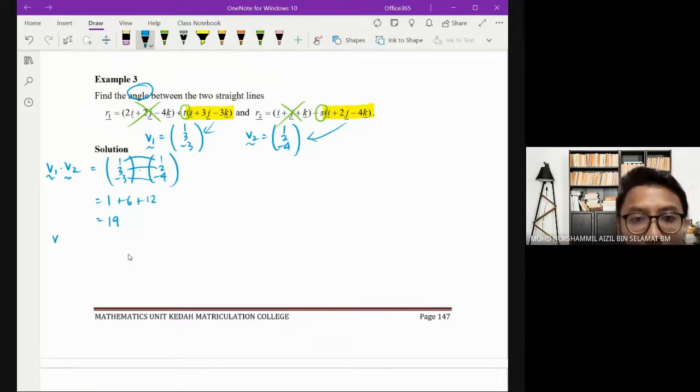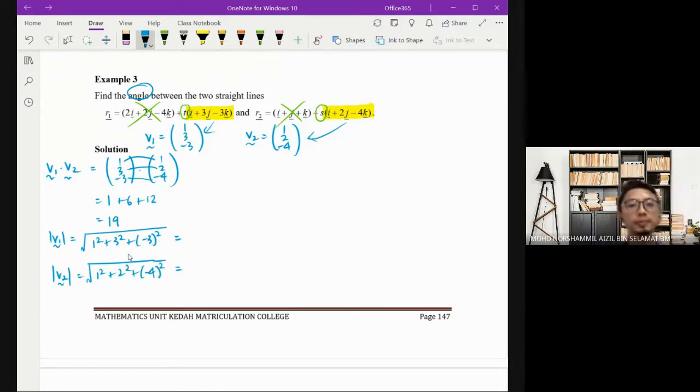Okay, so let's find out V1 magnitude pula. Magnitude V1 is square root of 1 square plus 3 square plus minus 3 altogether square. Dia square by element. So what do you get for magnitude V1? Lepas tu magnitude V2 pula. Magnitude V2 apa dia? 1 square plus 2 square plus minus 4 altogether square.